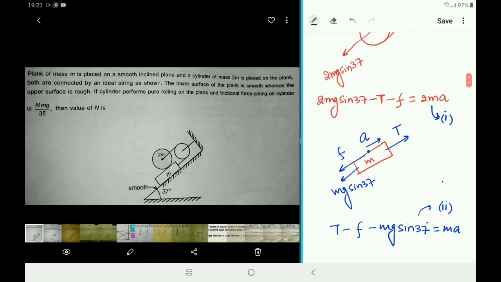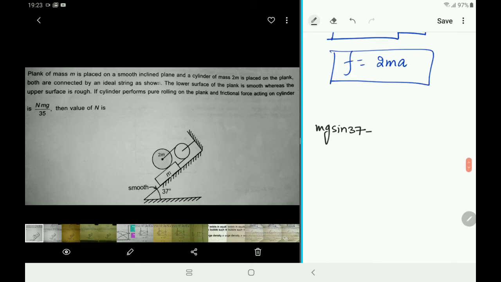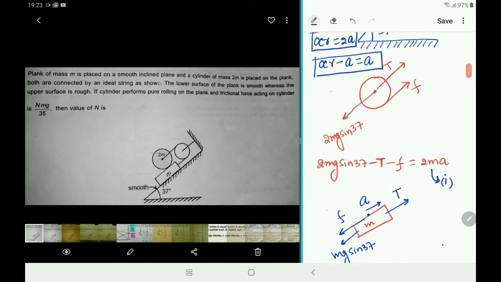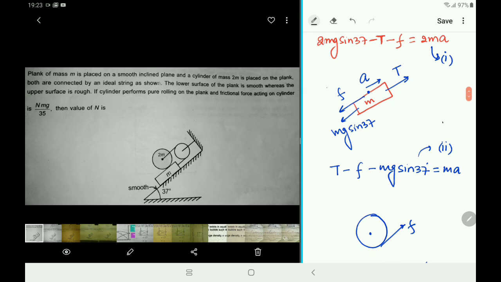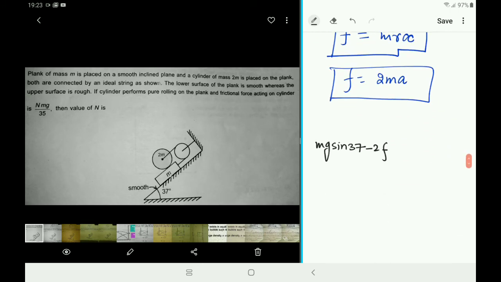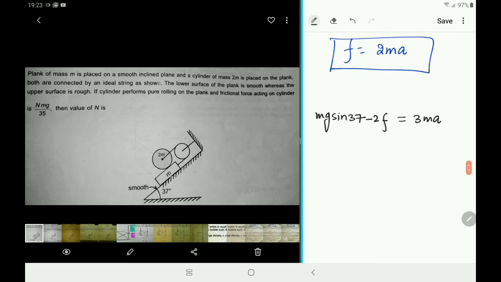The first one is Newton's second law for the cylinder, the second is Newton's second law for the wedge, the block basically. So 2mg sine 37 will get reduced by mg sine 37, and the tension will get cancelled off. Minus 2f, the friction force, will get added. So what comes out is mg sine 37 minus 2f is equal to 3ma.